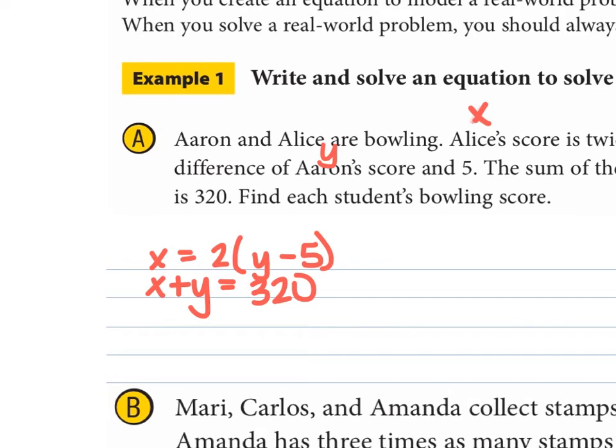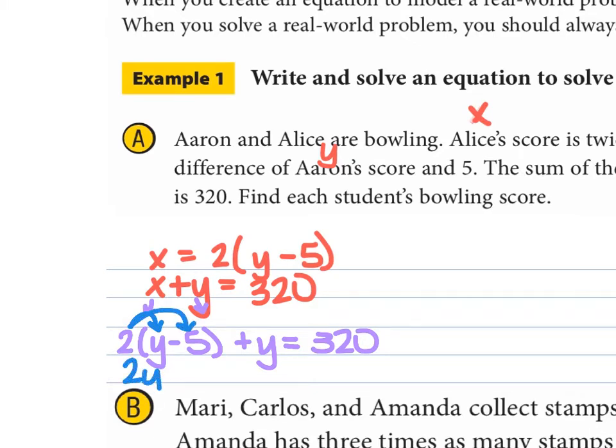X is 2 times Y minus 5, and we're doing X plus Y. So 2 times Y minus 5, plus Y, is equal to 320. If we distribute this 2, we're going to have 2Y minus 10 plus Y is equal to 320.